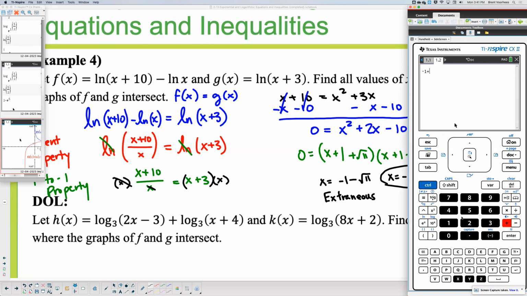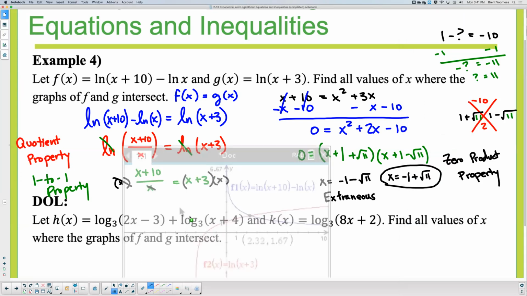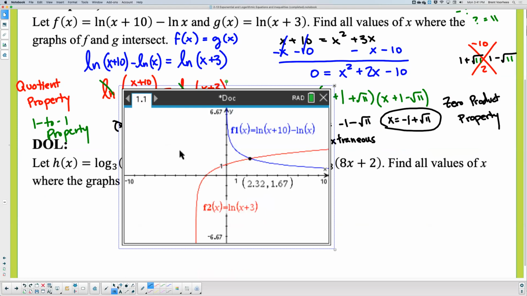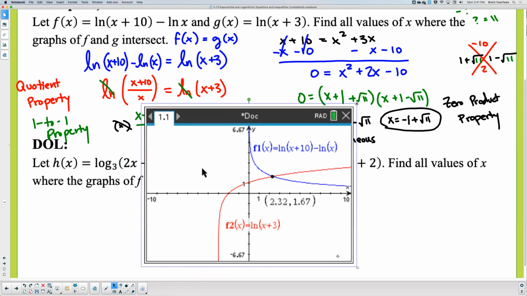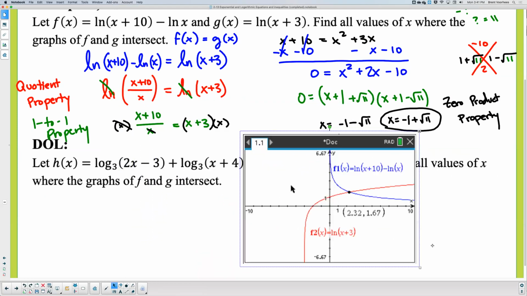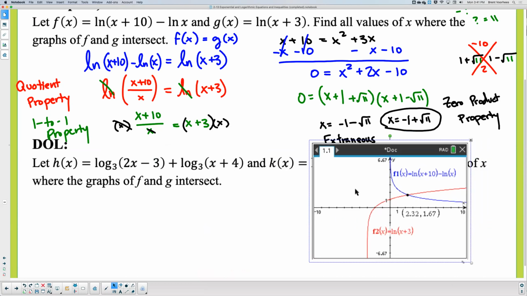Negative 1 plus the square root of 11 is what we thought our solution should be. It's 2.3166. So when we look at our point here, we drag this in. Notice that's the same point, 2.32. That's the same x value we're getting right there.